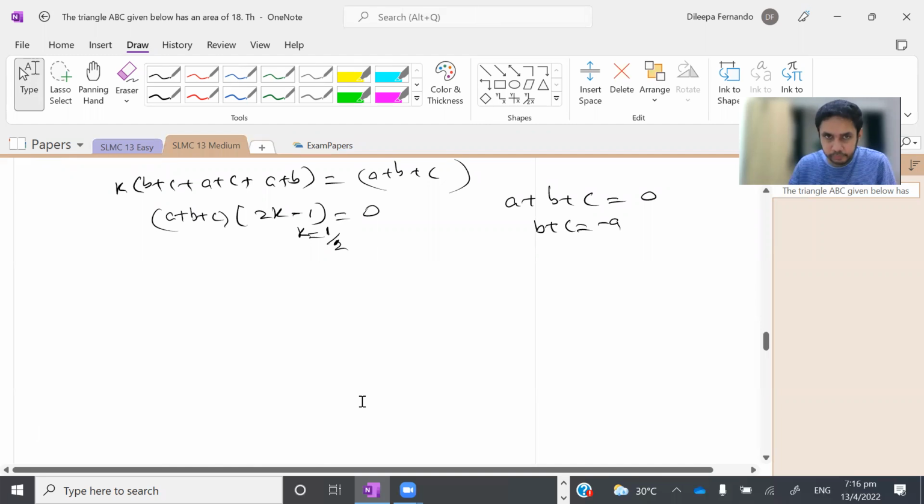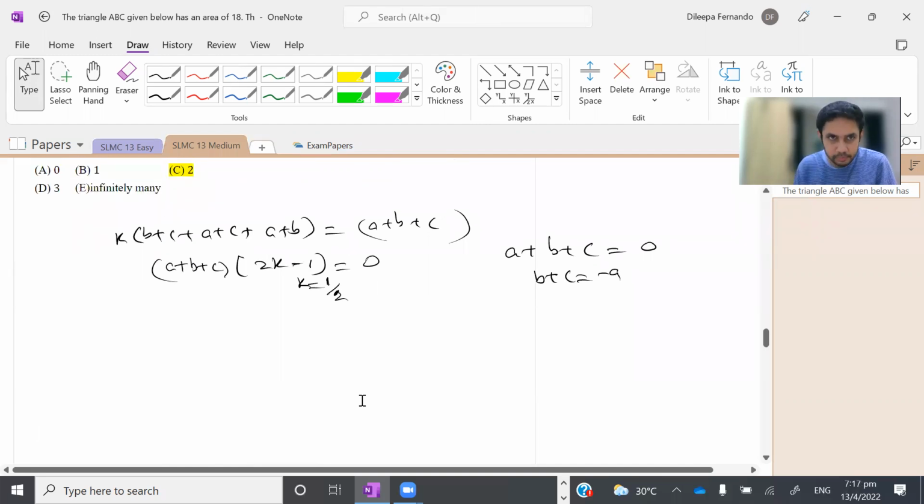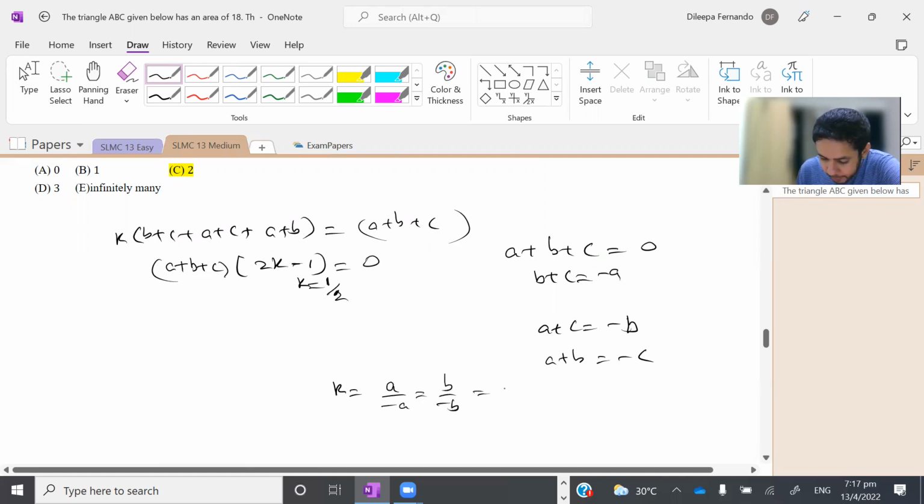and a plus c equals minus b, a plus b equals minus c. This makes k equals a over minus a equals b over minus b equals c over minus c.